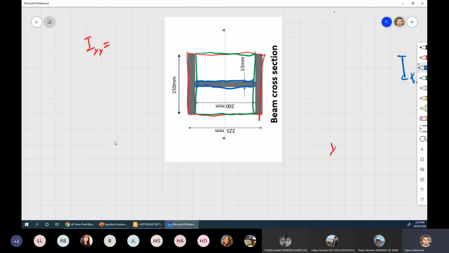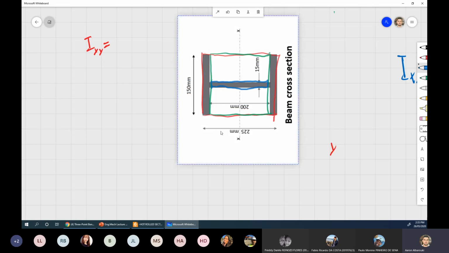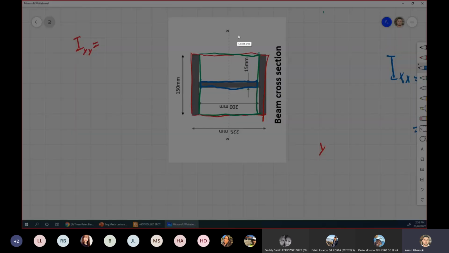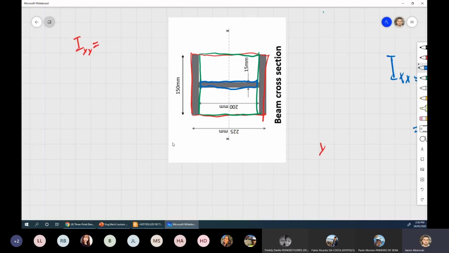So my IY value, you can think about it this way, but without even rotating it, you should be able to just look at it normally.